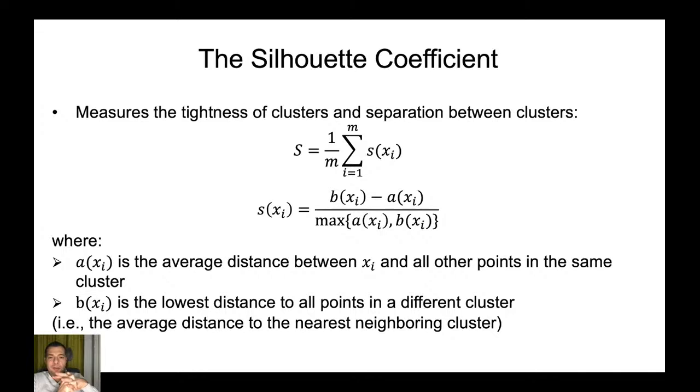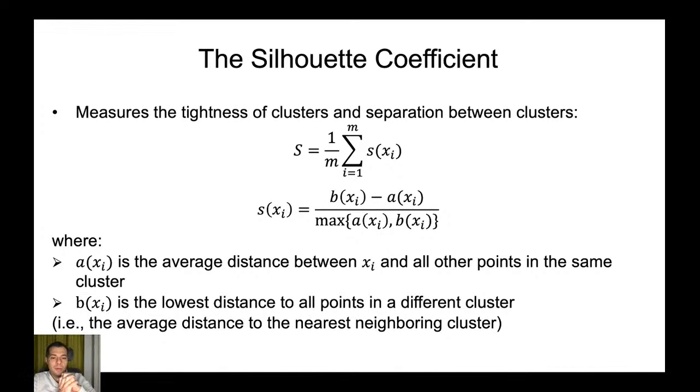The silhouette measure, denoted by big S, is equal to the average of the silhouette scores with respect to each data point xi. The silhouette score for a data point is computed from b of xi, which is the lowest distance to all the points in a different cluster. For example, this is the average distance with respect to the nearest neighboring cluster.